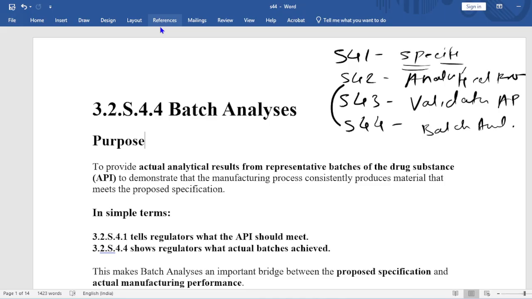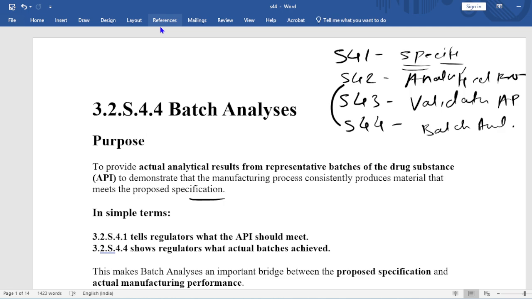It is to provide the actual analytical results from the representative batches of the drug substance to demonstrate that the manufacturing process consistently produces material that meets the proposed specification. Whatever specification we have provided in 3.2.S.4.1, we have to show that these batches are compliant with it.